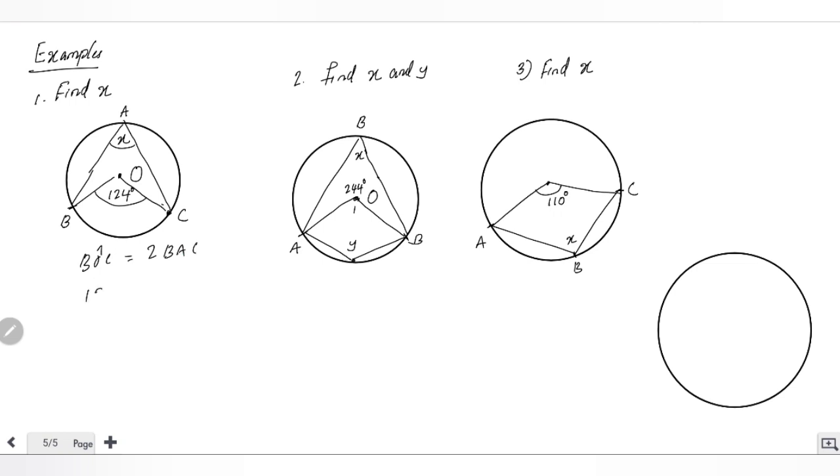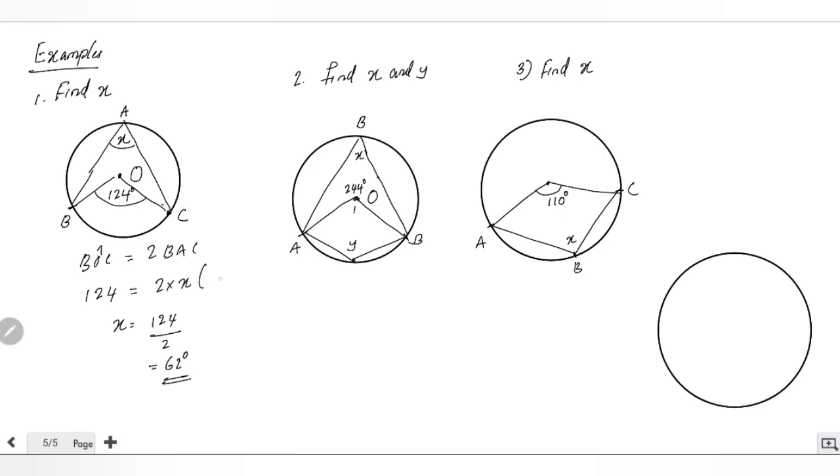BOC is 124, which is equal to 2 times x. So we can find the value of x. How do you find the value of x? Half of 124 is going to be x. That is, x is equal to 124 divided by 2. What is that? It is going to be 62. 62 degrees. Is it clear?